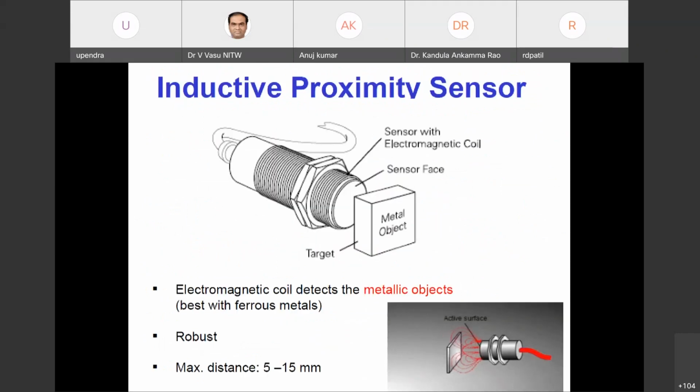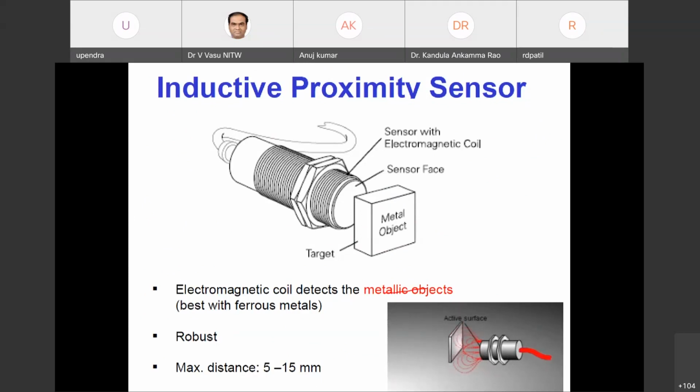Okay, so the next important thing is the inductive proximity sensors. They are mainly used by using the same inductive principle, whenever an electromagnetic coil detects metallic objects only. Whenever a metallic object comes nearer to it, we get a signal.